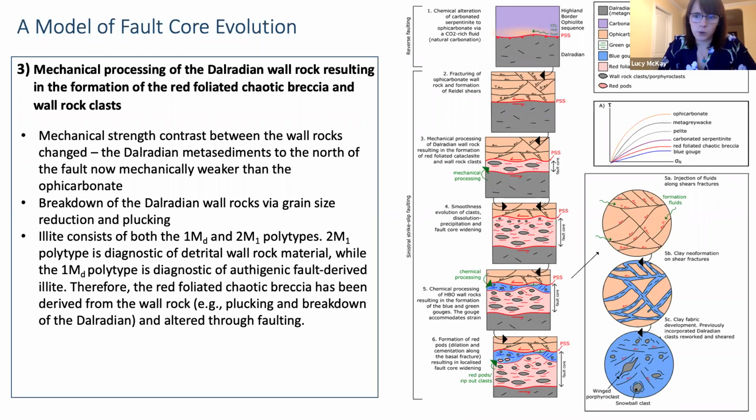So after you've altered carbonated serpentinite to ophicarbonate, which I'm trying to show in this little insert, the mechanical strength contrast between the wall rocks has changed. So before, your serpentinite was weaker than Dalradian, but now it's been altered into this stronger ophicarbonate, your Dalradian is going to be weaker. So the fault's therefore going to deform this weaker Dalradian wall rock. So I think at this point, the fault deformed the Dalradian wall rocks and plucked off large sections.